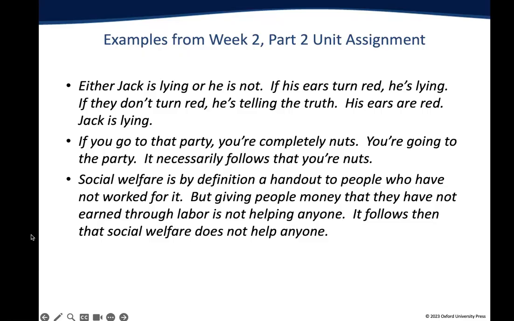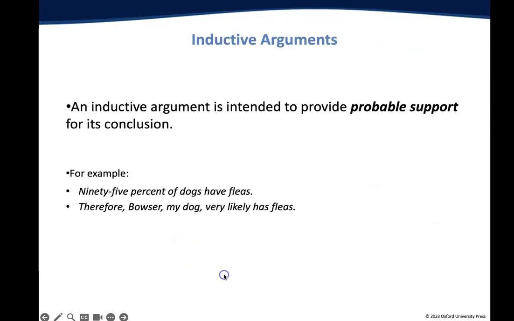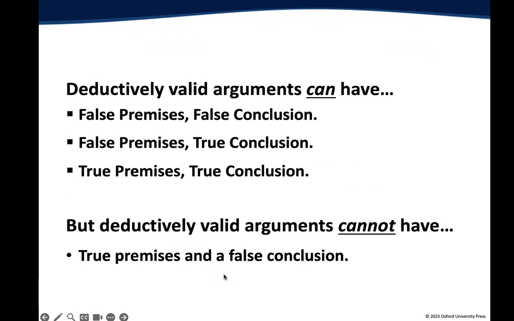But again, whether or not someone is nuts for going to a party, we can go back once more to these examples of deductively valid arguments with different situations with those premises and conclusions.